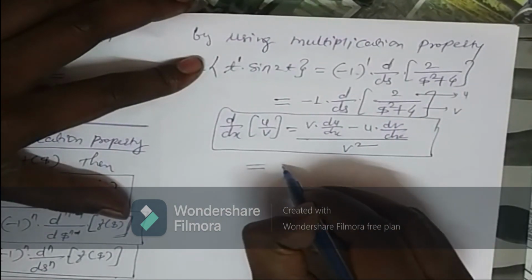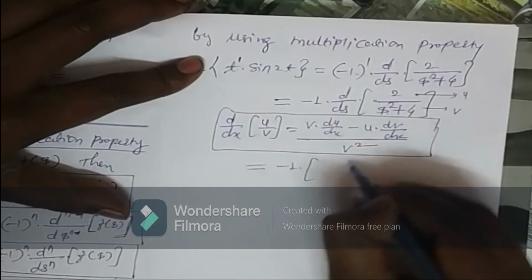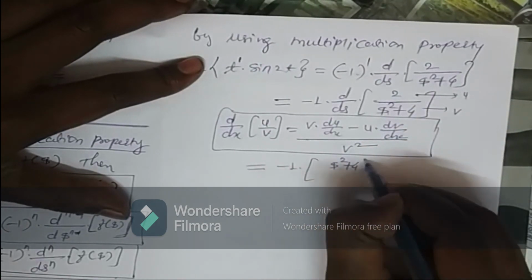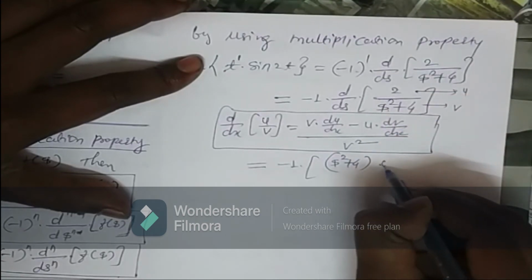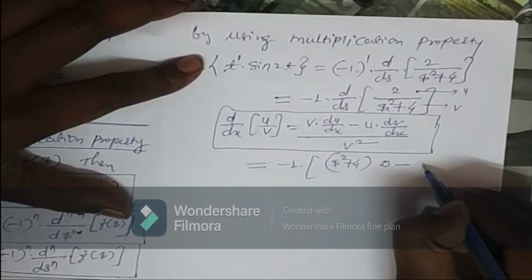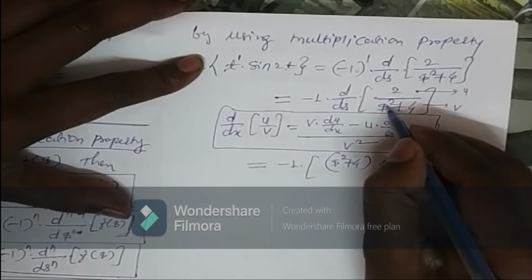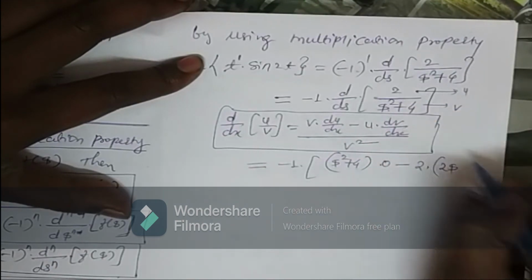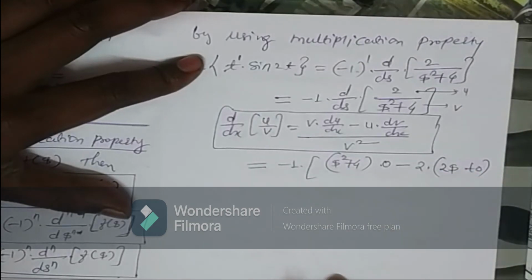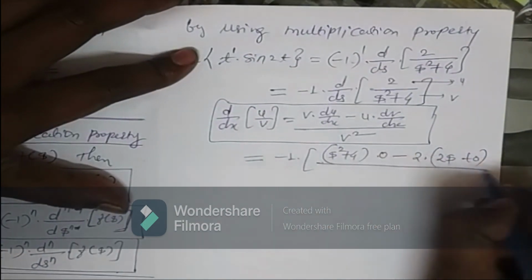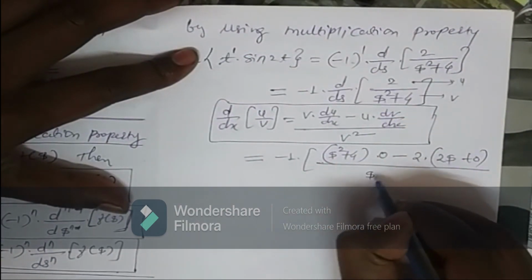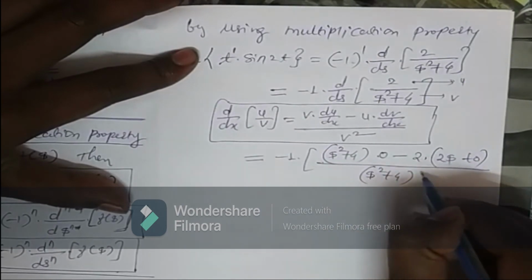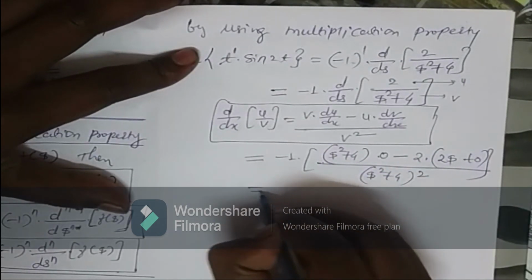So this can be written as -1 into (s^2 + 4) into the derivative of 2, which is 0, minus 2 into the derivative of s^2 + 4, the derivative of s^2 is 2s, but the derivative of 4 is 0, divided by v^2, so (s^2 + 4)^2.